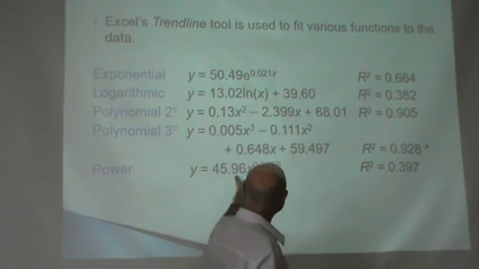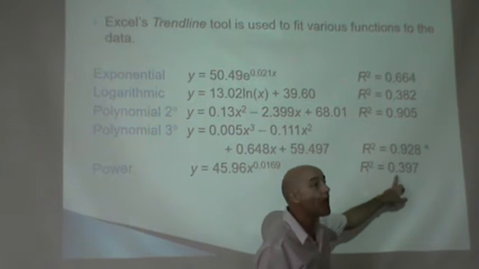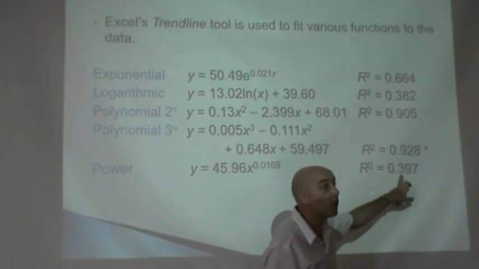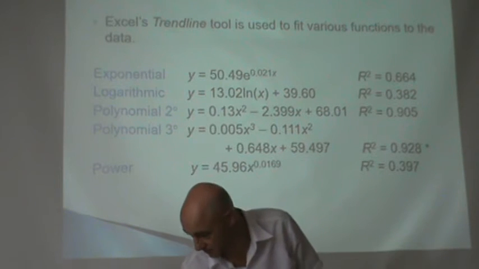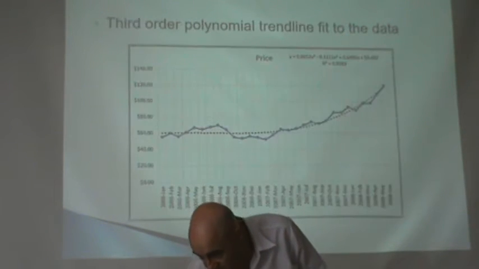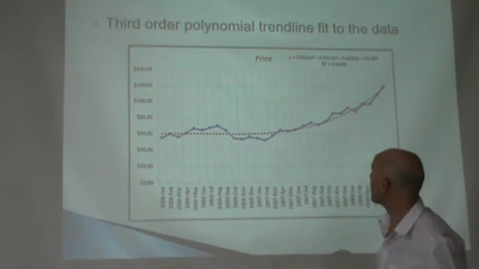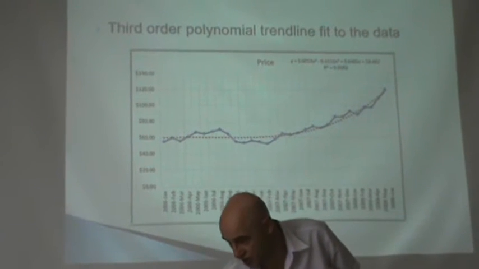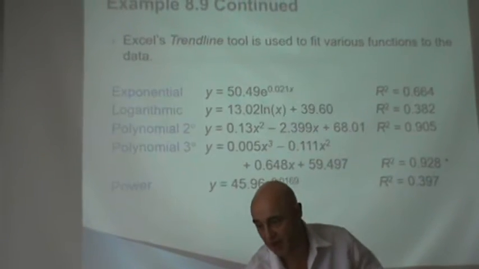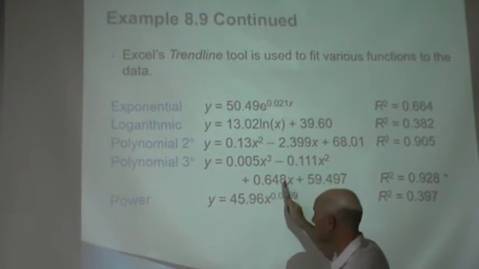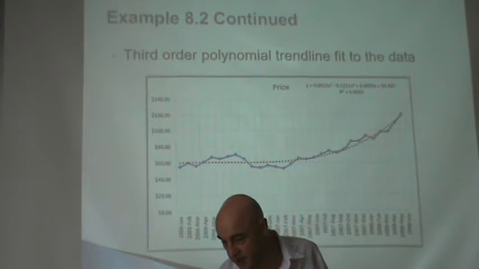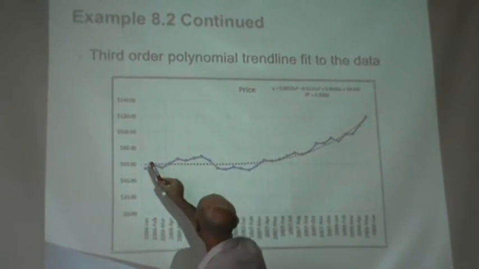And now the last power model we see is very poor, only 40%, 39.7%. So they give you here a third-order polynomial. The third order, I'm going back, will be this particular one with x cubed, x squared, and x. When you look at the picture, you see this is the fit.